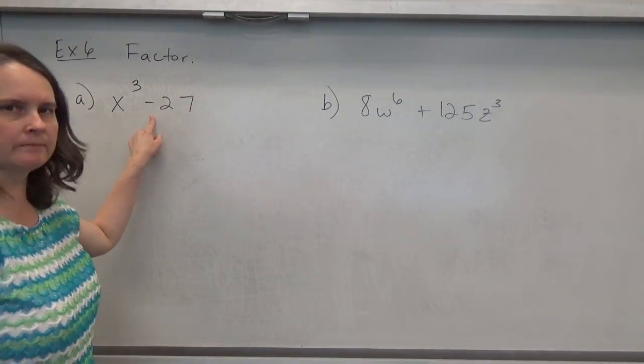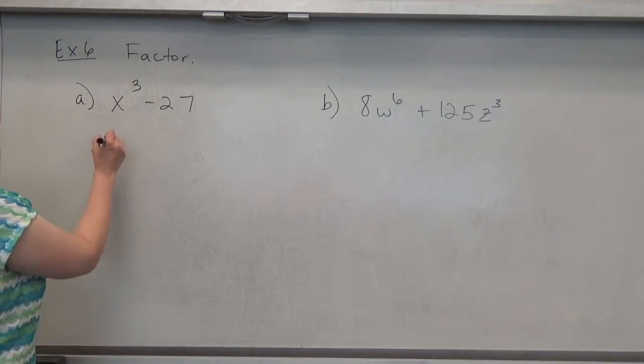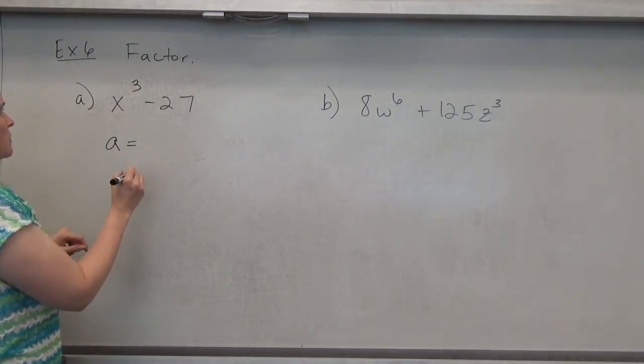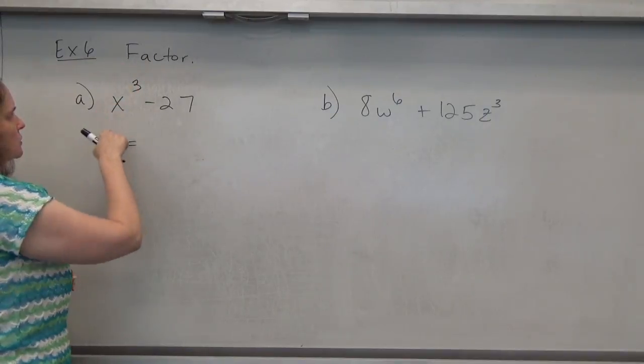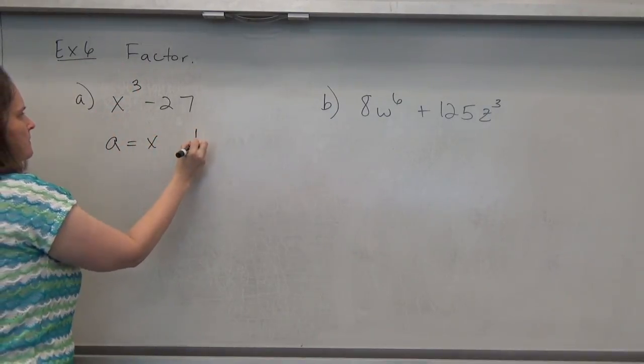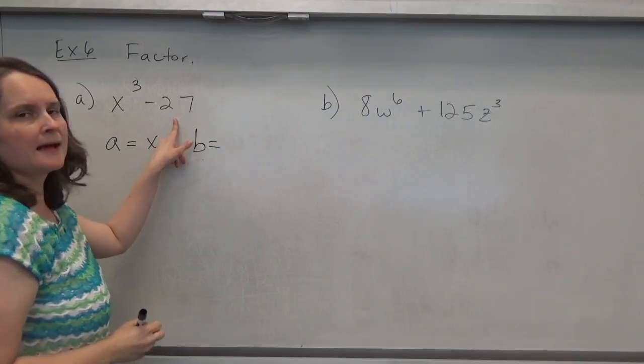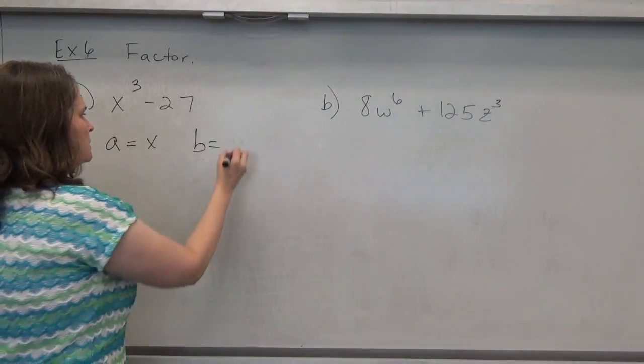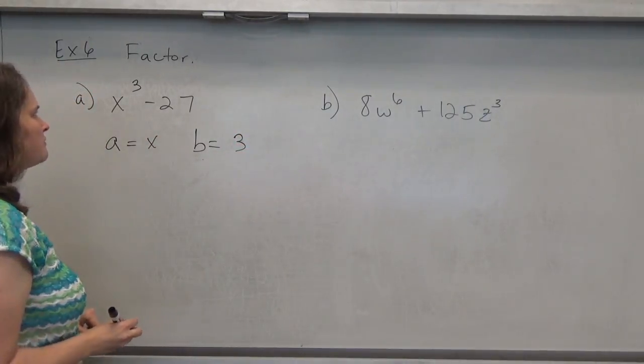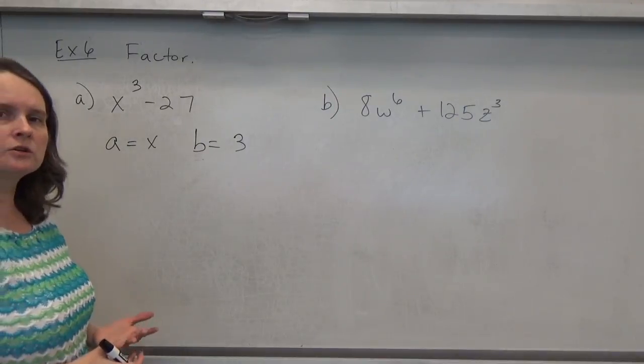Why the difference of cubes? Because they're being subtracted. So A, for your formula, what do you cube to give you your first term? A is x. What do you cube to give you your last term? B needs to be 3. All right, and my formula, again, it's in your notes.